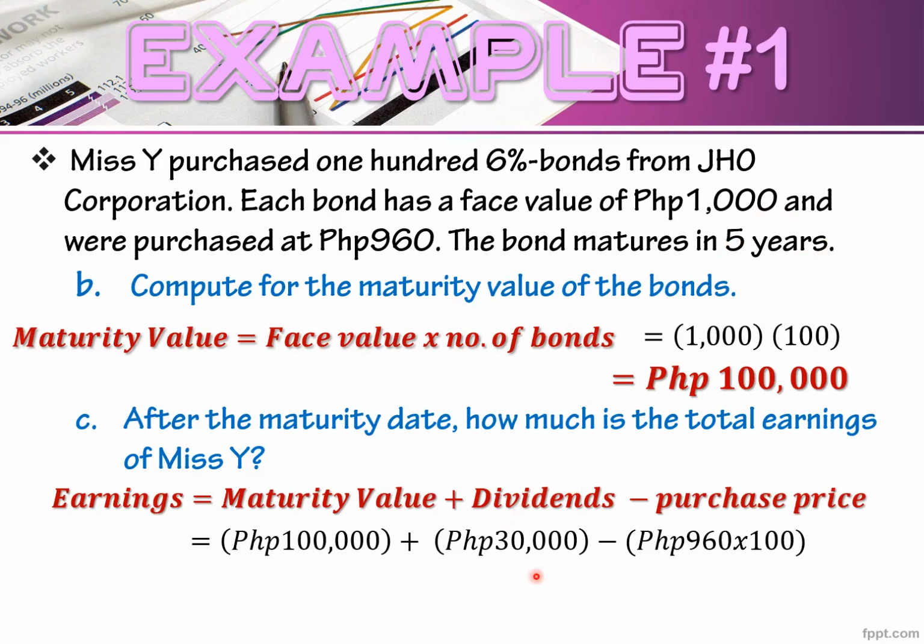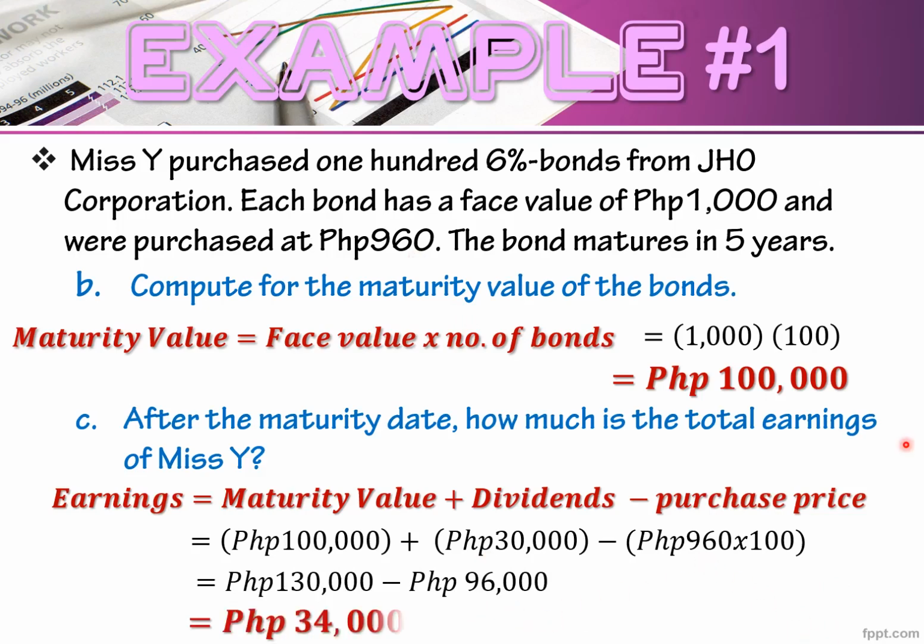So 6,000 times 5, minus the purchase price, which is 100 bonds at 960 each. So that will give us 100,000 plus 30,000, that will give you 130,000. And this is 96,000. So the total earnings will be 34,000 pesos. So that will be the earnings of Miss Y for the 100 bonds.